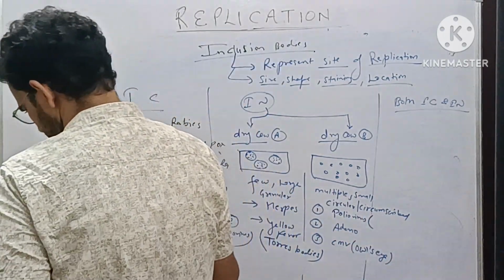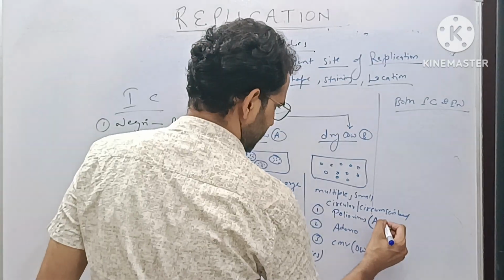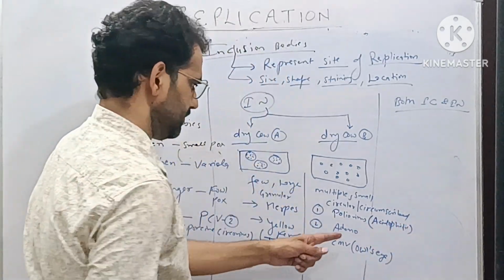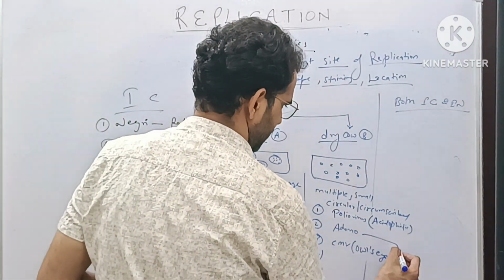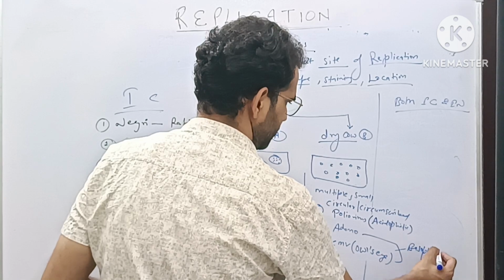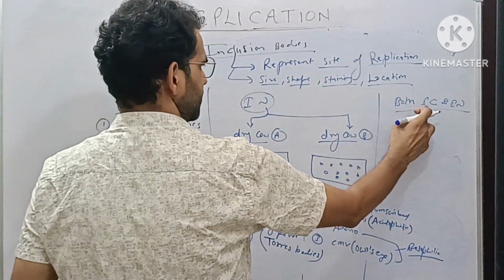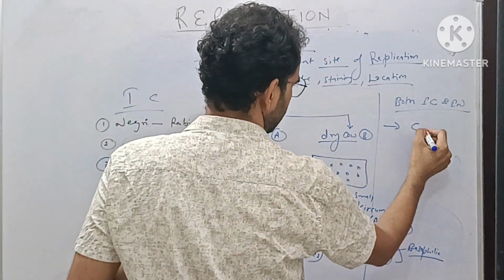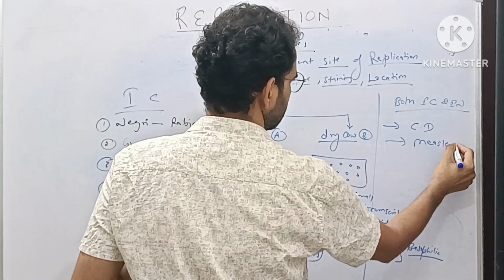Poliovirus inclusion bodies are acidophilic. And adeno and cytomegalovirus are both basophilic, blue in color. Then both intracytoplasmic and intranuclear are paramyxoviruses, that is canine distemper and measles.